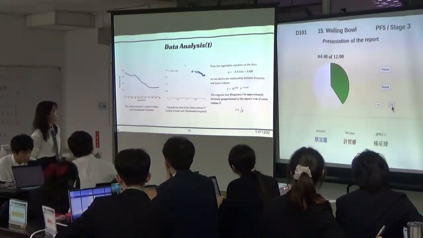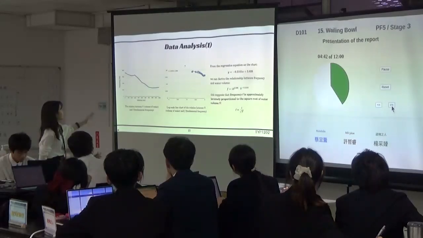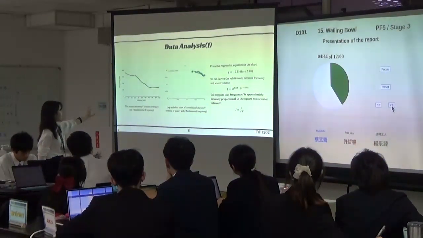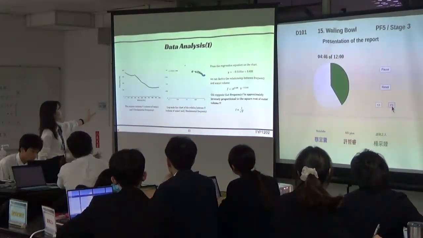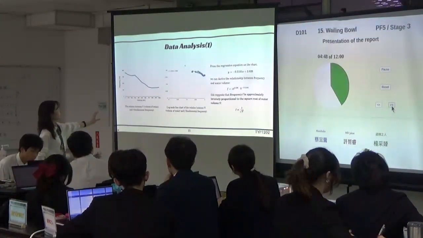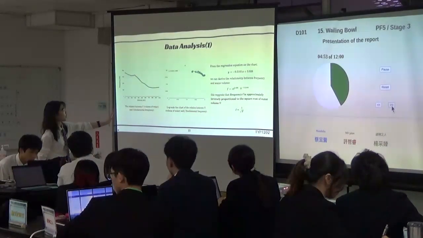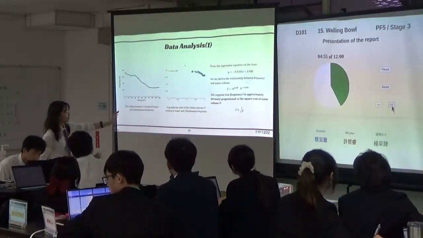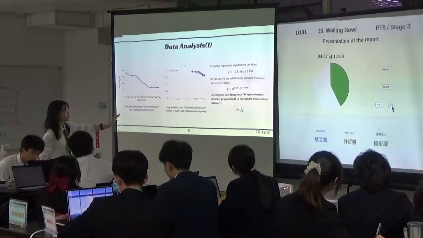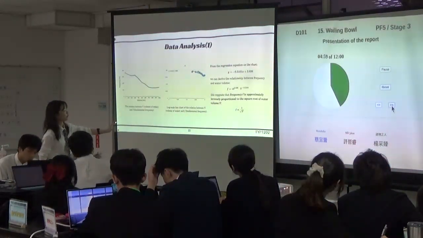And this is our data analysis. From our data, the left is the relationship between V, which is the volume of water, and F, the fundamental frequency. We use a log-scale line to fit the chart, and we can see that the frequency is proportional to the square root of the water volume.